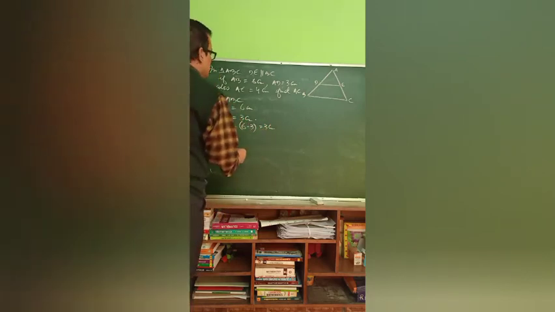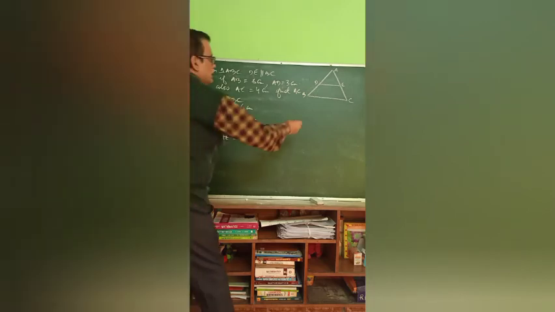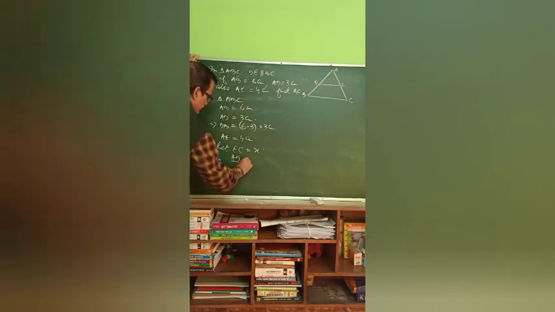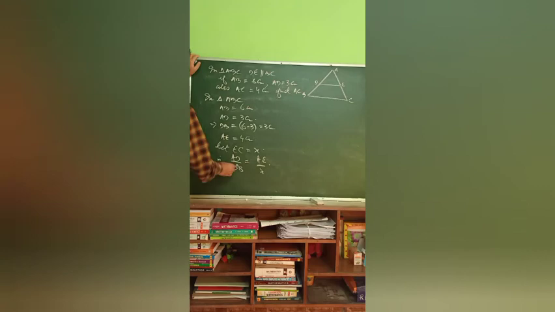Now AE is 4 centimeter. Let EC be equal to X. Therefore, AD upon DB is equal to AE upon EC.